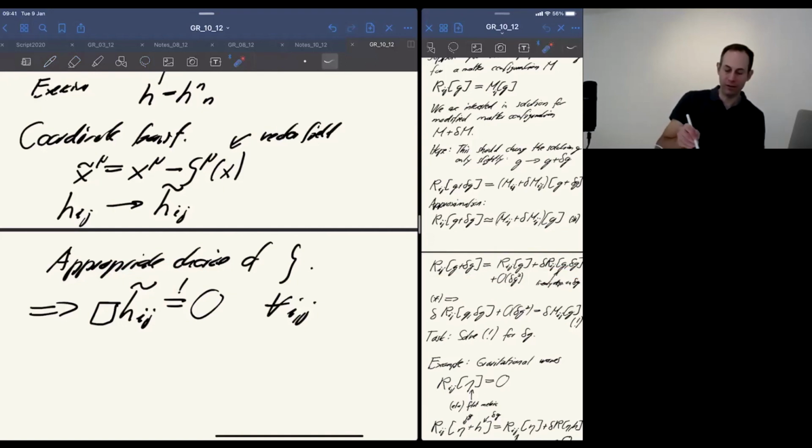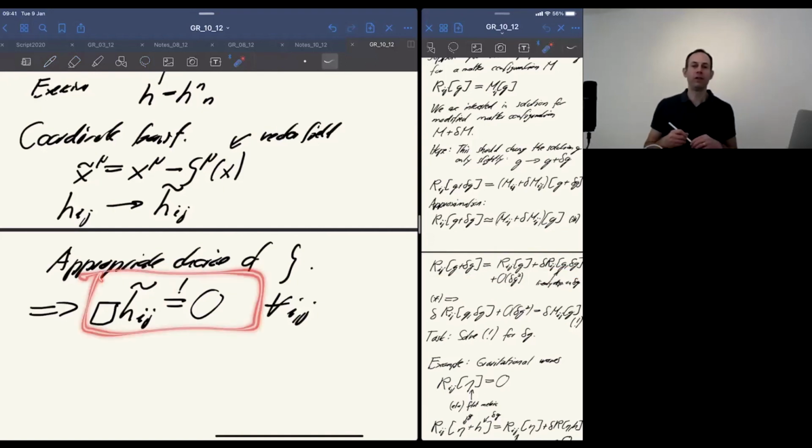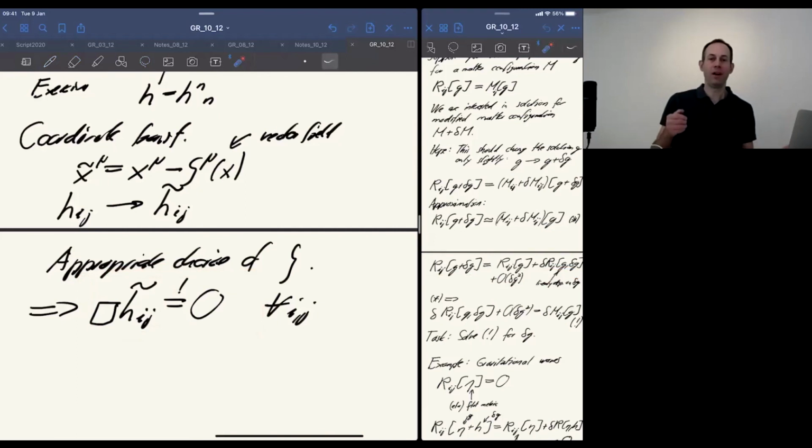And that's what this expression here says. So indeed, the Einstein field equation has the property that there are wave-type solutions of the geometry. And these wave-type solutions of the geometry are what we then see or observe as gravitational waves.